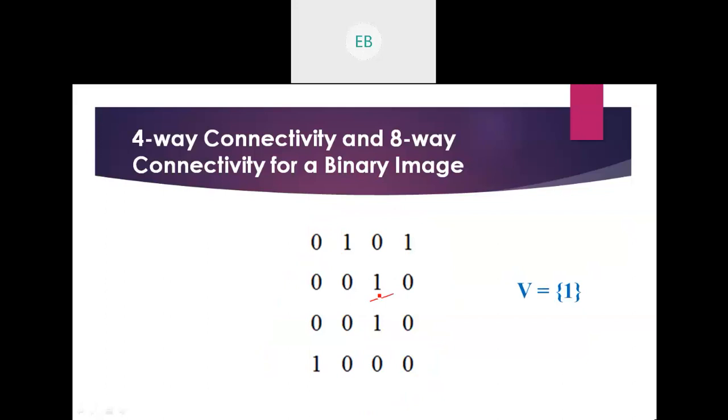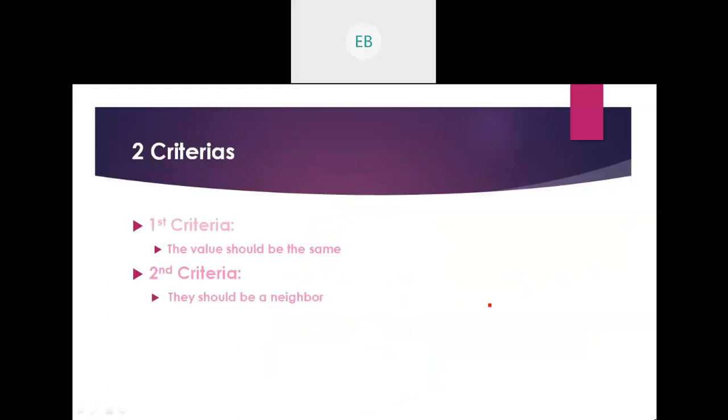What is a four neighbor of a pixel? Four neighbor means the horizontal and the vertical, right? The horizontal and the vertical neighbors are known as the four neighbors of a particular pixel, and here I'm talking about one. When I'm talking about the neighbors of a pixel, you have to know that we have to fulfill two criteria.